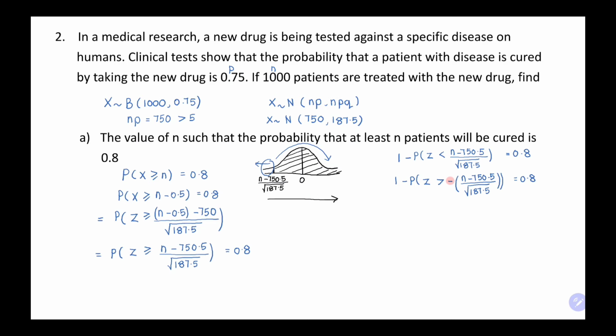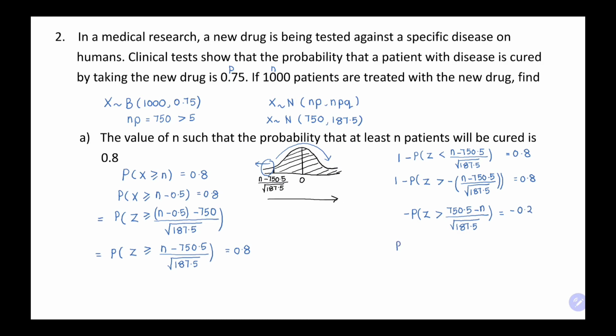Then we solve, we get negative P(Z greater than 750.5 minus N over square root of 187.5) equals to, we bring 1 to the right side, so we get negative 0.2.